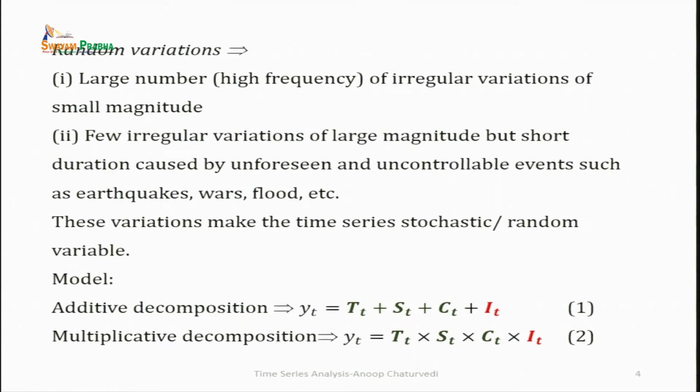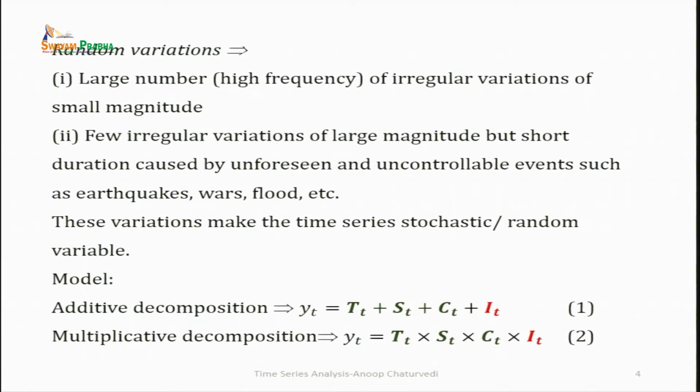For example, during the second wave or first wave of COVID, the number of patients who had to be hospitalized tremendously increased, but that increase was just for a shorter period. This kind of variation is because of just some unforeseen event.